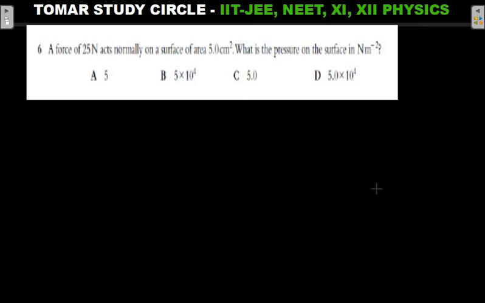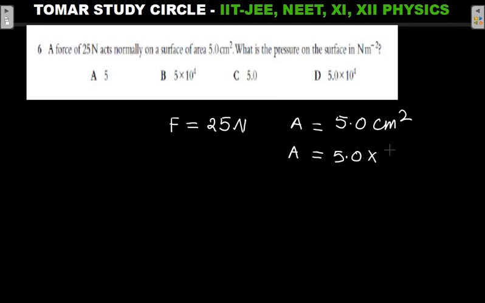Here, the given normal force is F equal to 25 Newton and area A will be equal to 5.0 centimeter square, or this area can be written as A equal to 5.0 multiplied by 10 to the power minus 4 meter square.